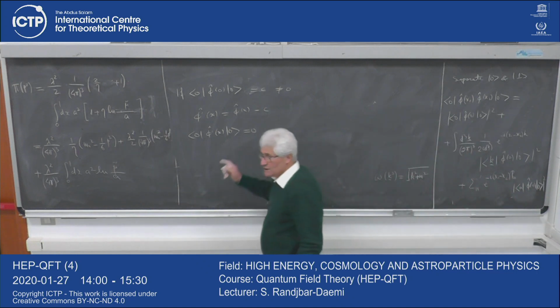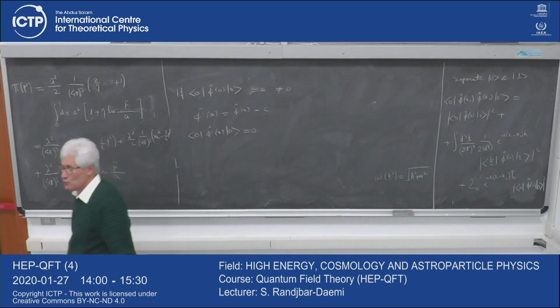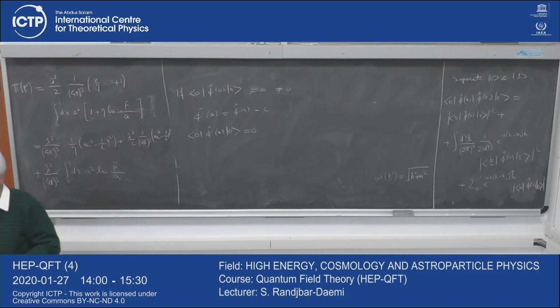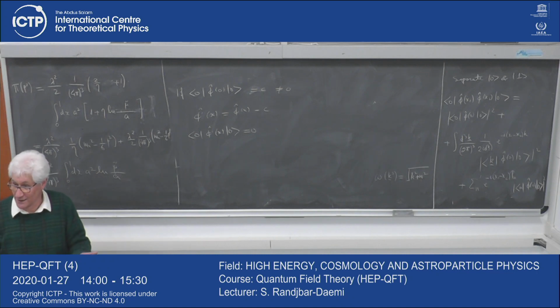This has, of course, implications, because it means that if you start from your Lagrangian, now let's make a link to the Lagrangian, and there you have the fields phi, you have to make a shift like this, then that shift should be done in all the terms of the Lagrangian. And if you have a phi cube term, for example, it will also shift the coefficient of the phi square term. It will create a term proportional to phi.